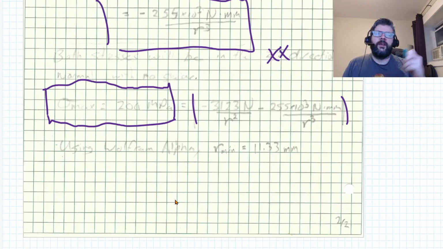If you end up getting some sort of mismatch due to a wonky coordinate system, you need to be able to tell when that happens by having an intuitive understanding of what's causing stresses where, and that'll just come with time. So yeah, thanks.